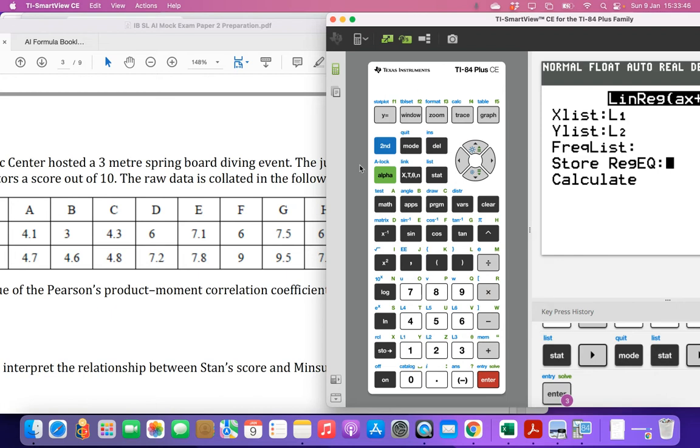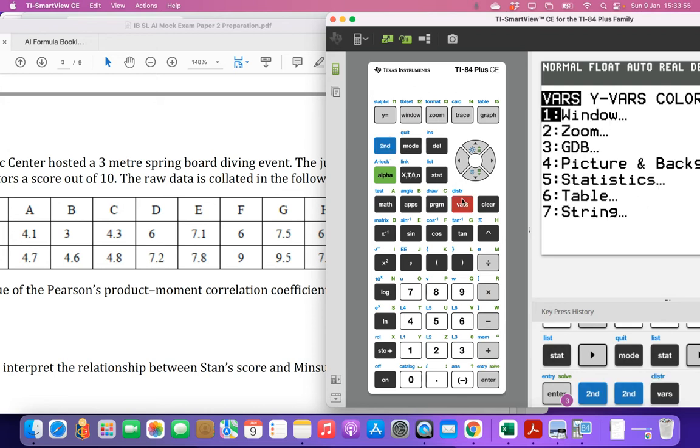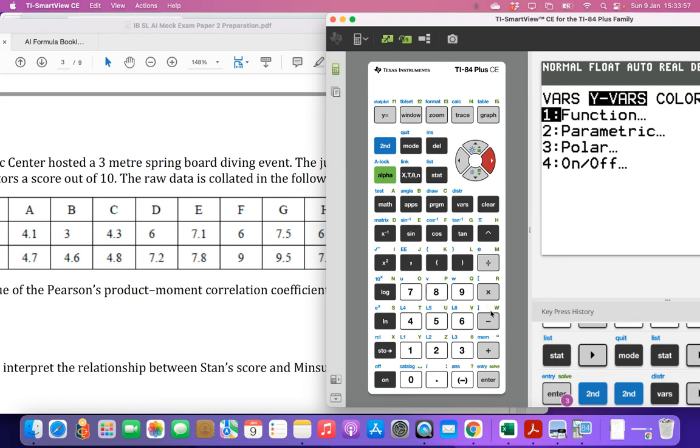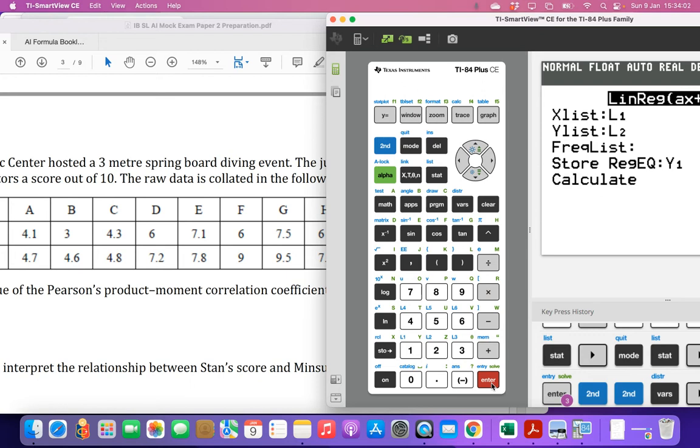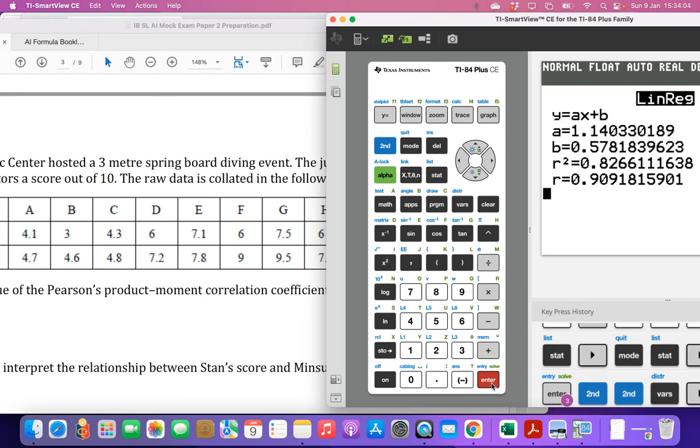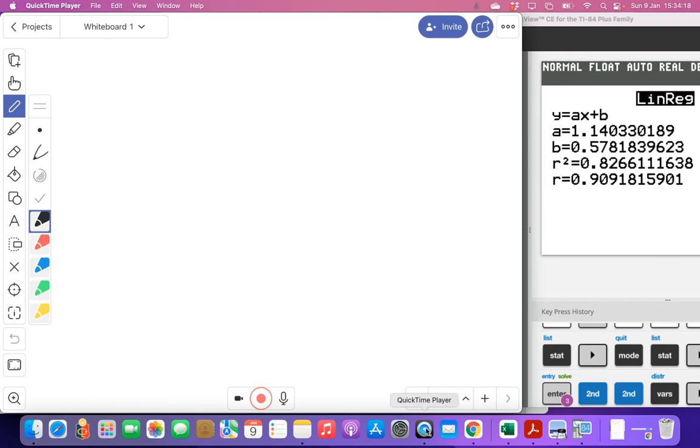I might want to store the equation for later, because there'll be a question on that. So I'm going to put it in Y-vars function, enter, calculate. Now they want to know the R value, and I get an R value of 0.909 for question 2A.